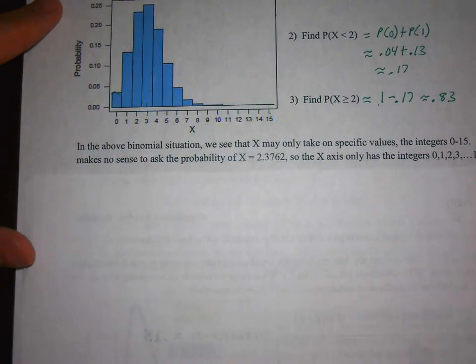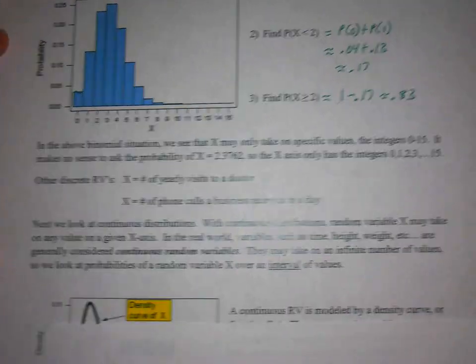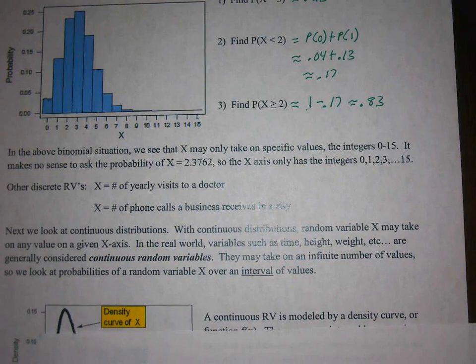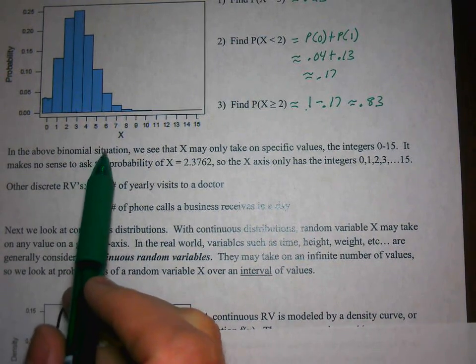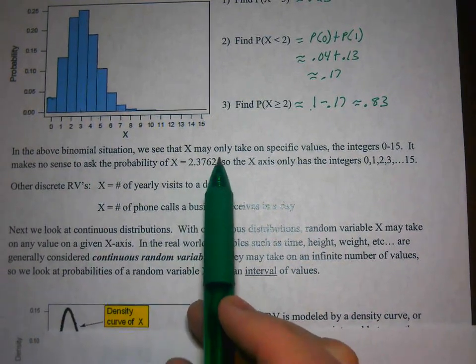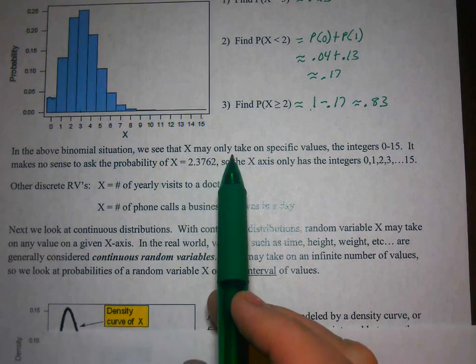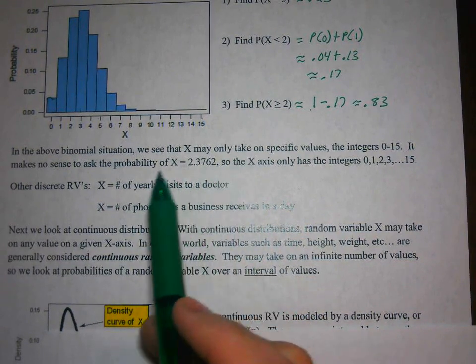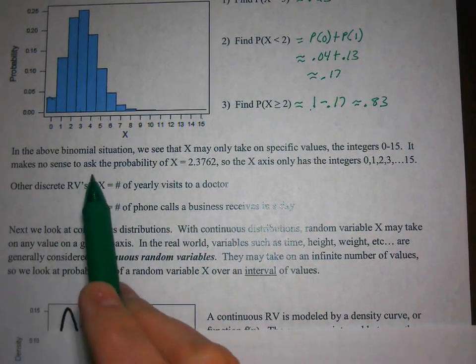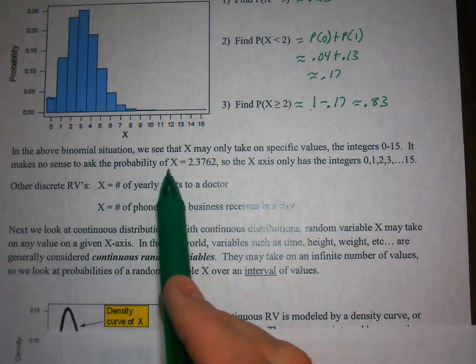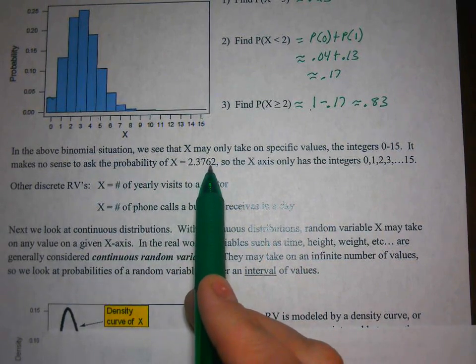Okay, so here's the point of why we're looking at this now. In the above binomial situation, we see that x may only take on a specific value, or values, the integers 0 to 15. It makes no sense to ask the probability of x equals 2.3762.